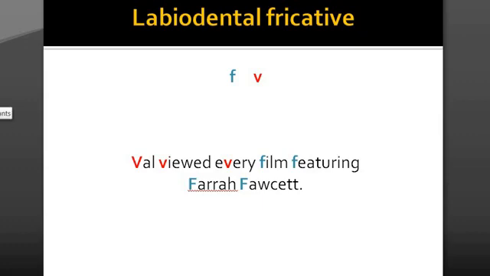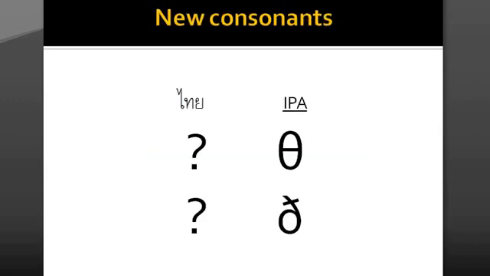Now, next I want to learn something a little bit challenging. F and v are a consonant pair. You have the f sound in Thai language. You don't have the v sound. Our next consonant pair is difficult for most students because you don't have either one of these in Thai language.